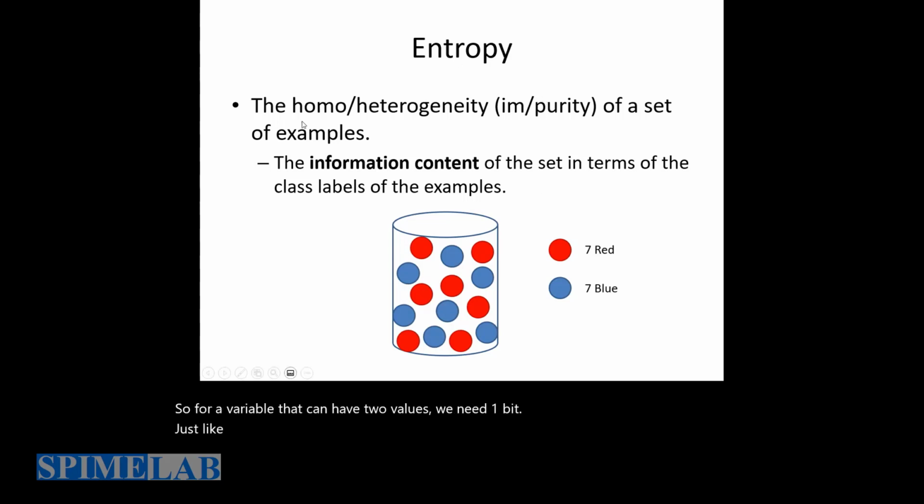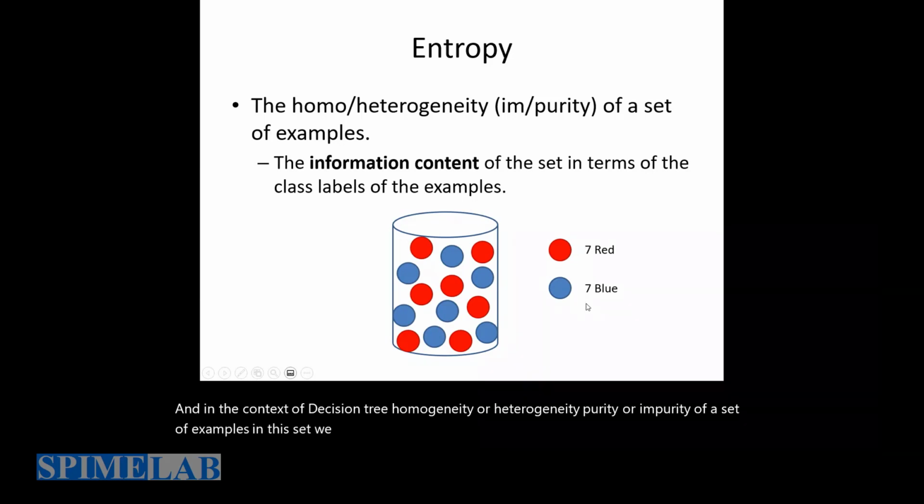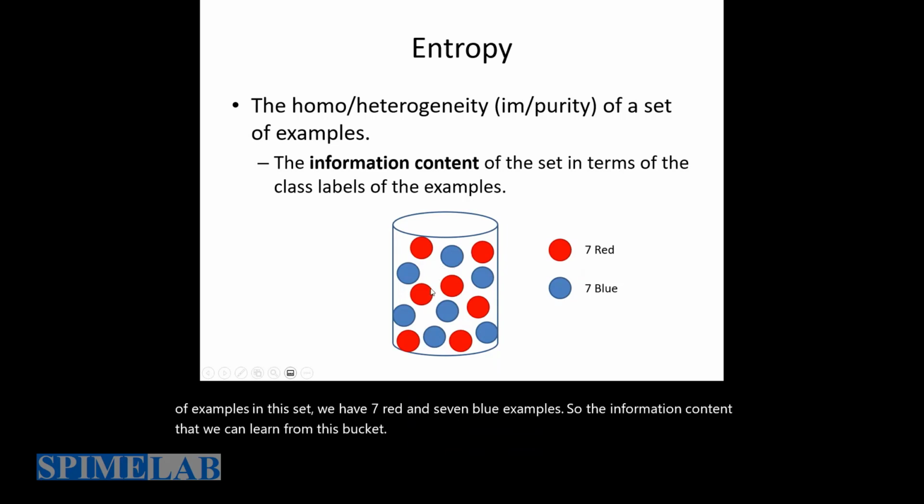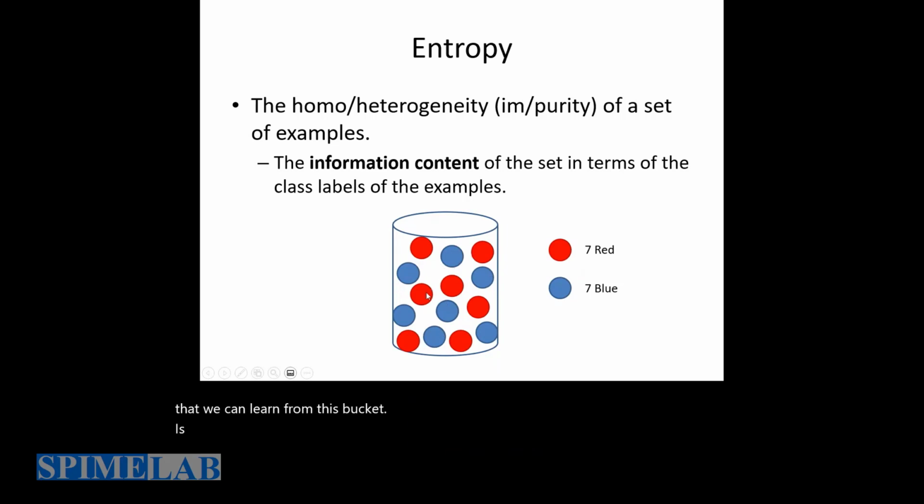So entropy, in the context of decision trees, is homogeneity or heterogeneity, purity or impurity, of a set of examples. In this set, we have 7 red and 7 blue examples. So the information content that we can learn from this bucket is the entropy of this bucket, attribute, or variable.